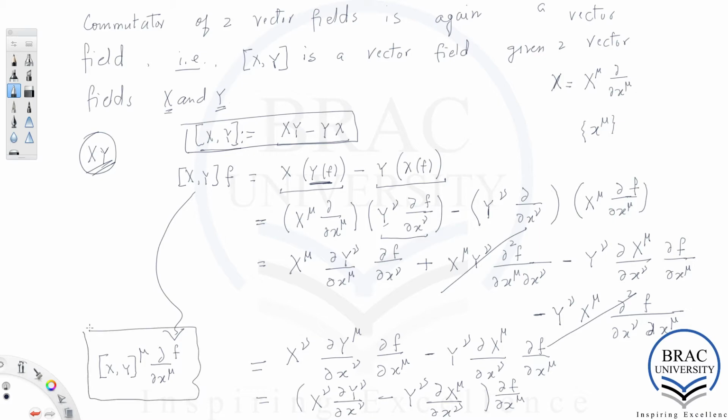Since this is something that we expect to be a vector field. So if this is the case, then we see that we have ∂f/∂x^mu on both sides. So the components of the commutator should be this one, right?